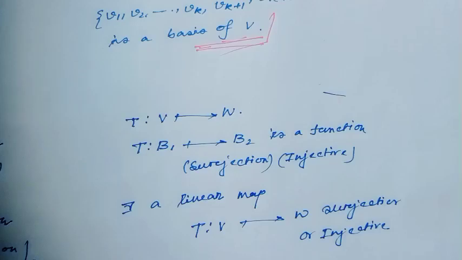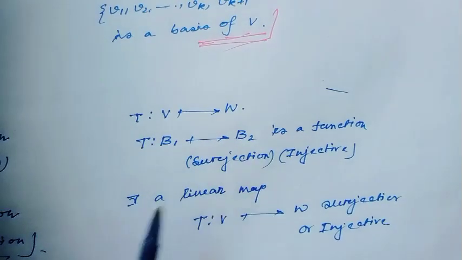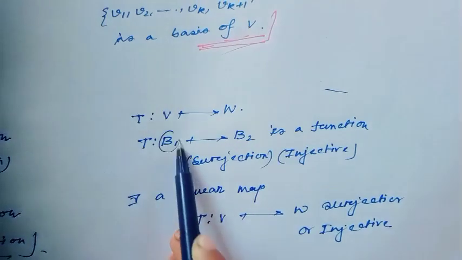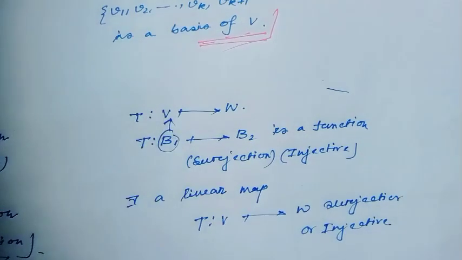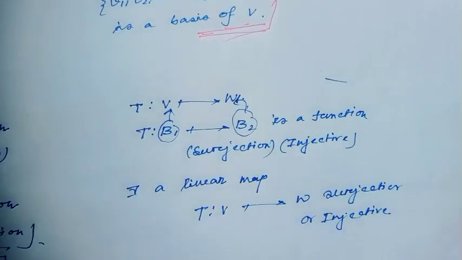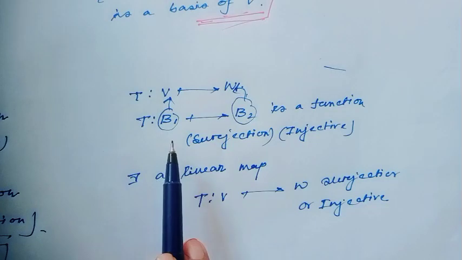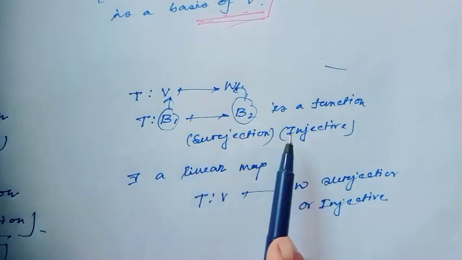In linear algebra, there exists a nice theorem. If there exists a linear transformation from V to W, and consider beta 1 to be the basis of the vector space V and beta 2 to be the basis of the vector space W, then there exists a map from the basis beta 1 to beta 2.